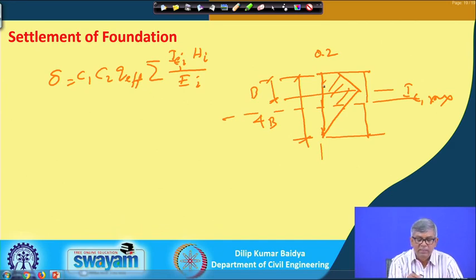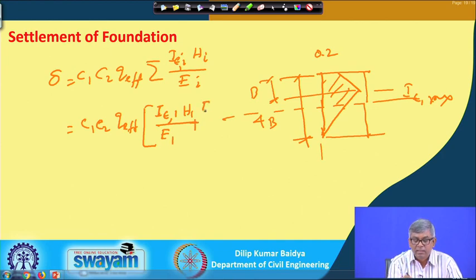Your expression can be written something like this: C1 C2 q effective, and I can write I epsilon 1 H 1 divided by E 1 plus I epsilon 2 H 2 divided by E 2.